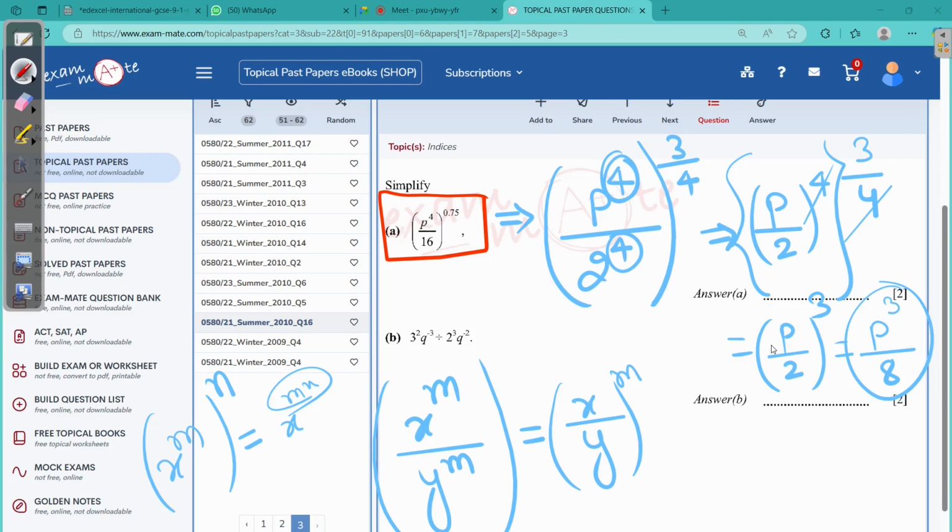Are you getting this? Okay. Please write, just 1 second. Completed? You should write the law of exponent as well.